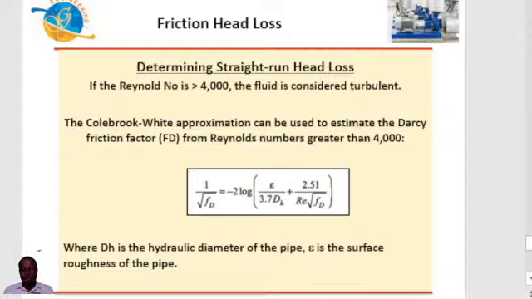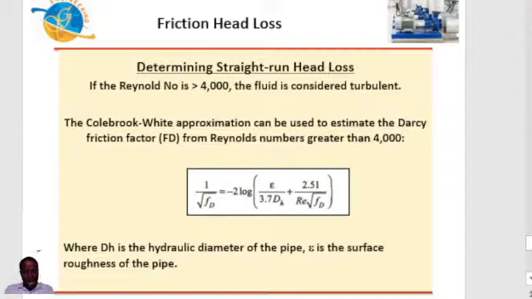This is going to be your judgment as a designer, as a machinery engineer, to determine which one to go for, because for fluids with a Reynolds number between 2000 and 4000, the flow can exhibit either laminar or turbulent behavior at any given point. So this is where experience comes into play, because you can actually use either one of the two.